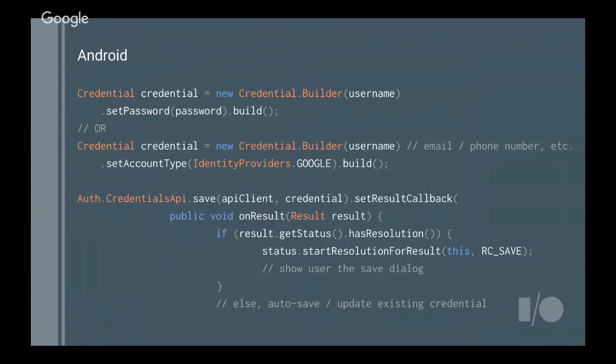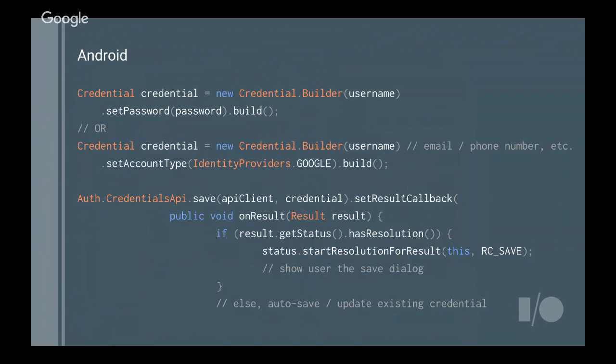The save API then may require resolution in the case the user needs to see and interact with the save dialog. And so starting the result for resolution will hand control back over to Play Services to show that save UI. And then if it can be saved automatically, in the case of a password update or a Google sign-in, for example, it'll succeed right away.